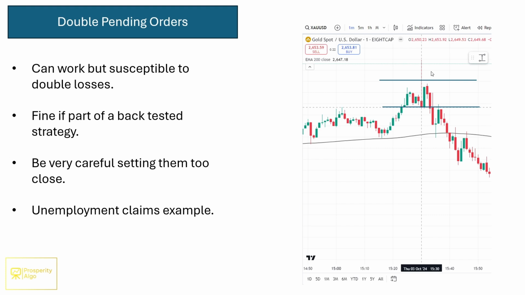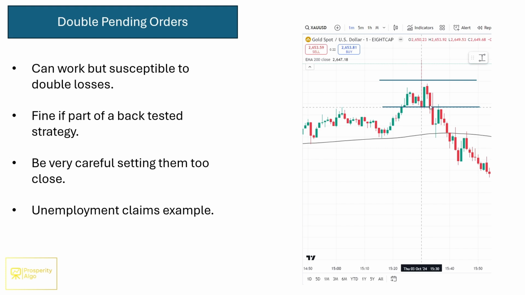This method can be very, very risky because of wicking. So here's an example of just an unemployment claims release, so a relatively small news event. But you can see that before price went down, there was this quick wick to the upside where it would have triggered your buy stop, it would have then triggered your sell stop, and then gone down.